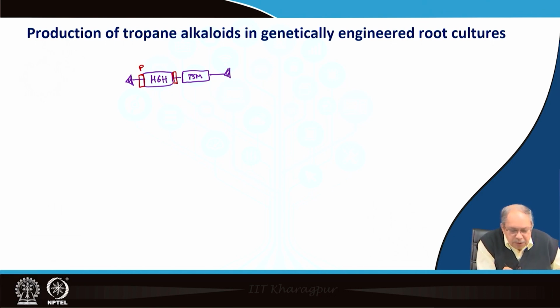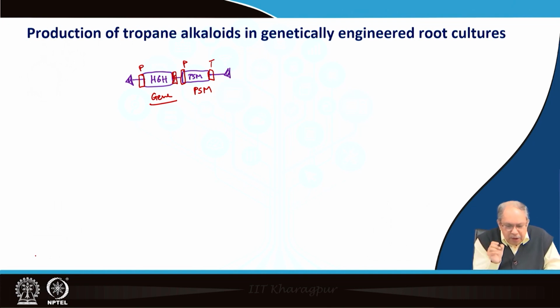Here is a P and it is the T. So, this is the plant selectable marker, and this is the gene of interest. Okay. So, this construct I have shown in the previous slide was transferred into Atropa belladonna plant using Agrobacterium rhizogenes. Now, we will transfer this into the hairy root.